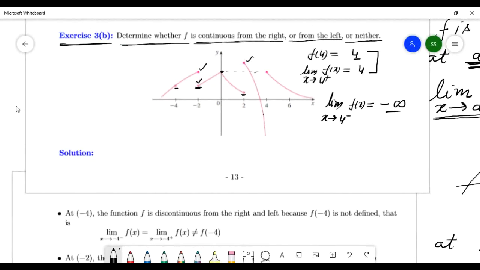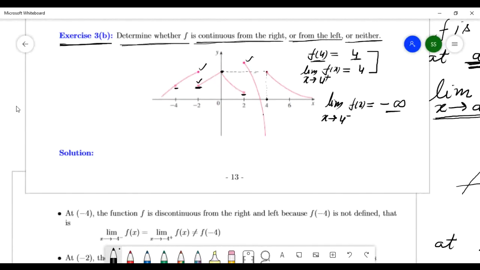You have to check here at this 4, right? So f of 4 means just this point, and this number is equal to 4.